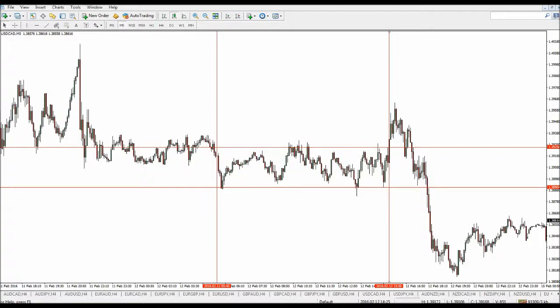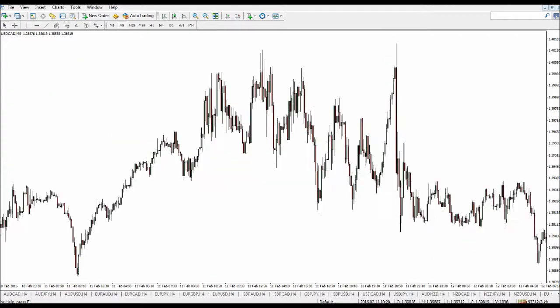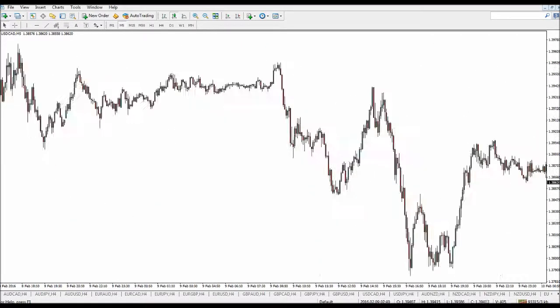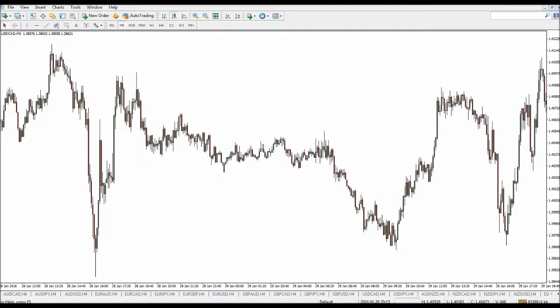Let's see if we can find another on the 5-minute chart of the US dollar Canadian dollar. We have another here, but it doesn't last as long by the looks of things, and it's not as clear.